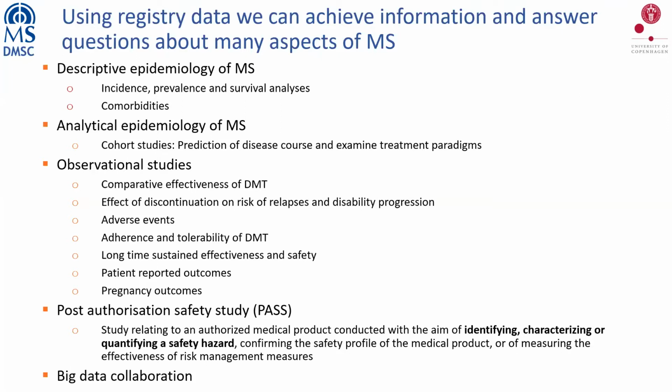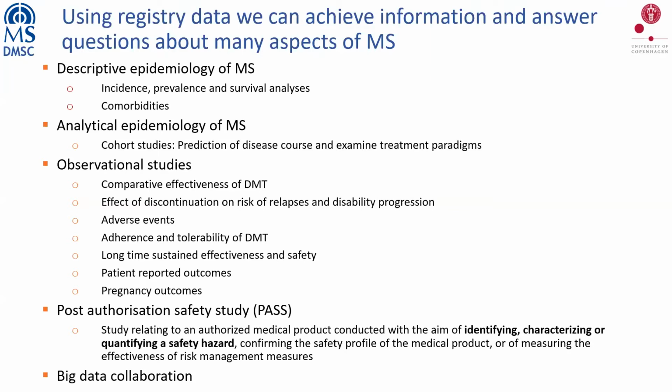We can also do what we call analytical epidemiology, where we look at cohort studies to predict the disease course and to examine, for example, changes in the treatment paradigms. Observational studies can compare the effectiveness of disease-modifying therapies, the effect of discontinuation on the risk of relapses and disability progression.